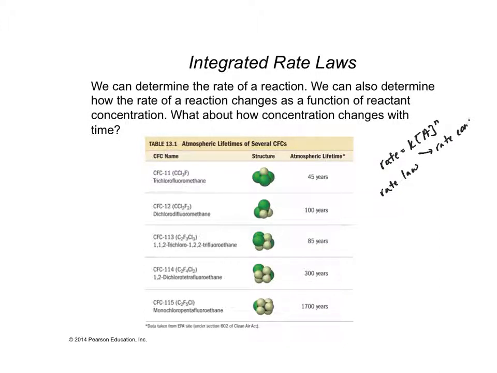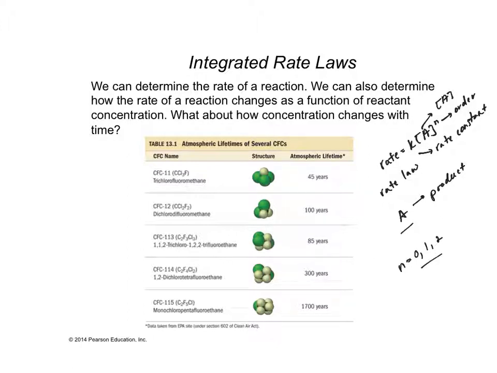It was a constant as long as we're at a specific temperature. A is the concentration of usually our single reactant, and n was called our reaction order. n could be 0, 1, 2. It could be other things, but these are the most common values for n.